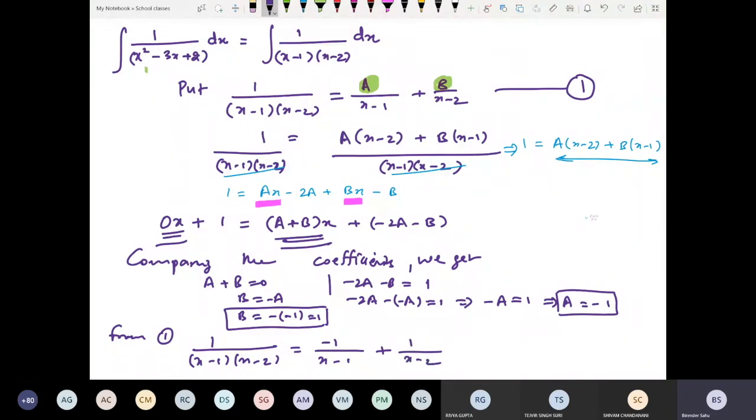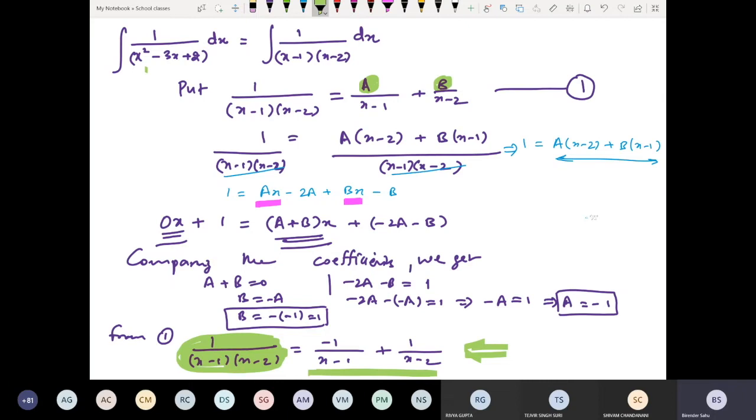See what we have to do: actually we have to integrate this, but with the help of partial fractions we have just converted this into this form. You can see these both are easily integrable. Initially it was not easily integrable, now we have written it like this by using partial fractions.